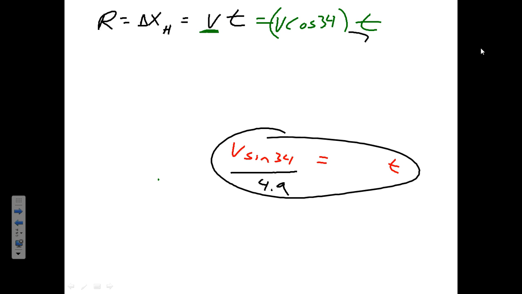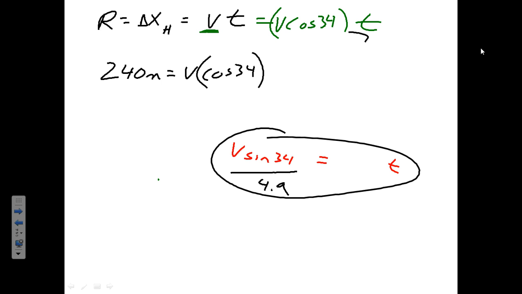Let's go ahead and plug in what we know. What do we know the range is in this problem? It gave us that, right? Told us it was 240 meters. So I'm going to say 240 meters equals v cosine 34 times t.